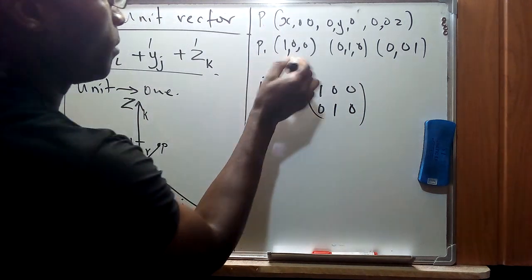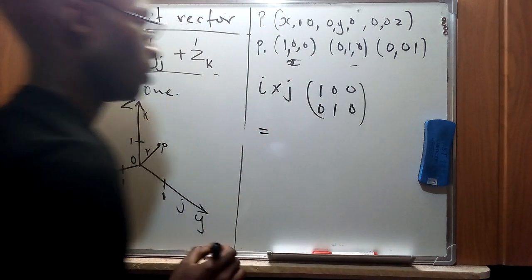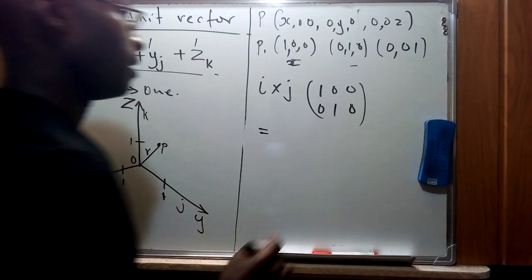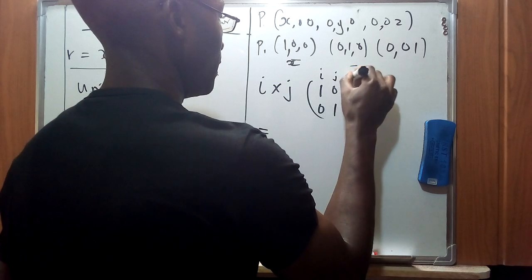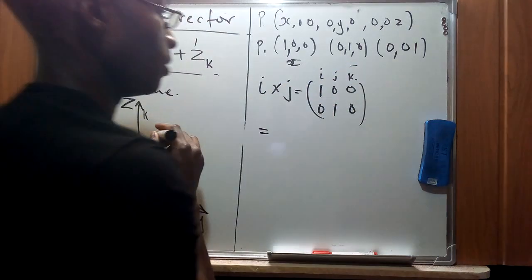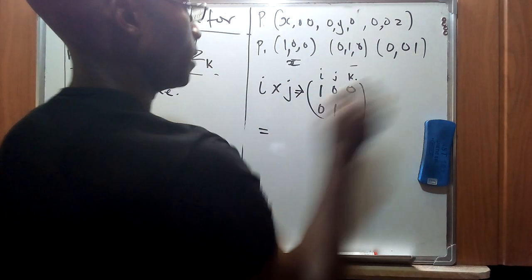In order for me to find the cross product, I will just use the normal way of finding a determinant, with the i, j, k directions.